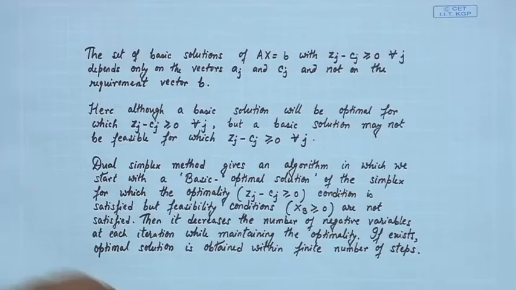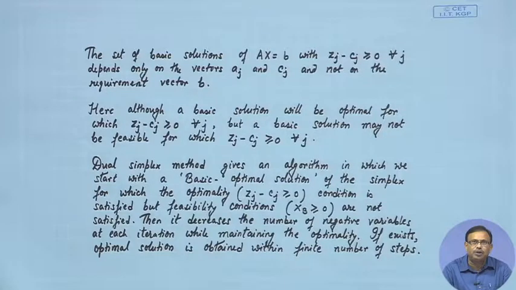The set of basic solutions of A x equals b with z j minus c j greater than equals 0 depends only on the vectors A j and C j, not on the requirement vector B. Please note this.